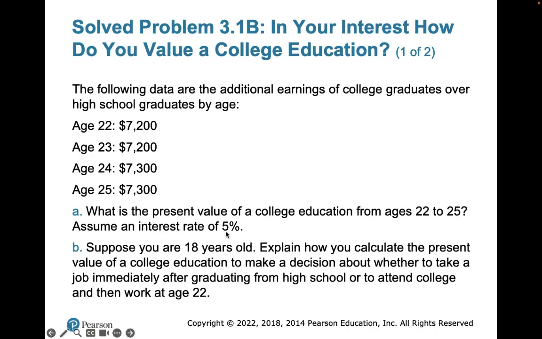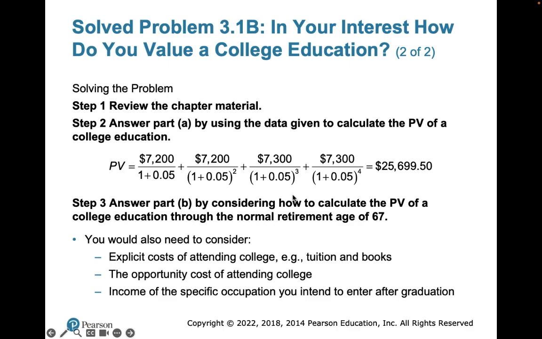Assume an interest rate of 5%. So they said 5%, right? If you say 5%, 5 divided by 100, you get 0.05, for the second year, third year, and fourth year, right? Yes.